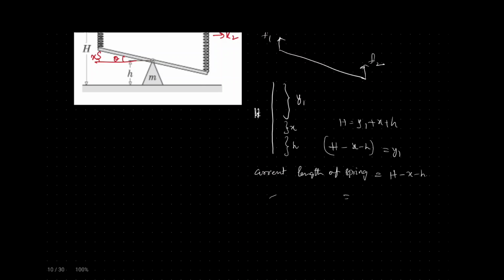If you want to get the elongation, remove the natural length, that's the elongation. So the elongation in spring 1 is H minus x minus h minus 0.4.